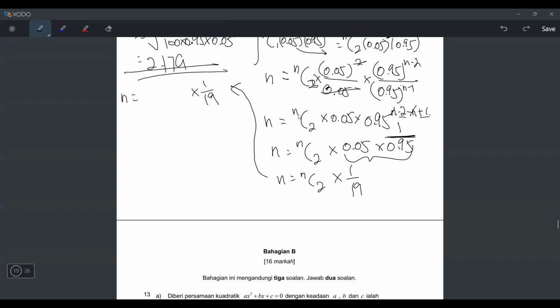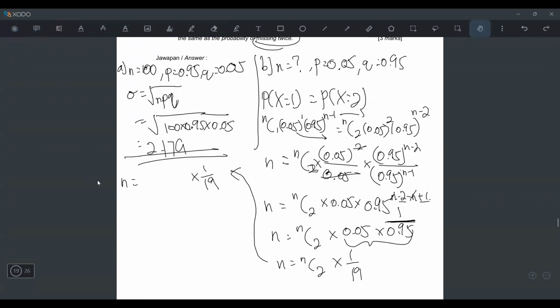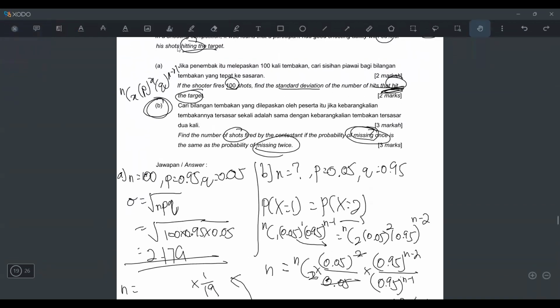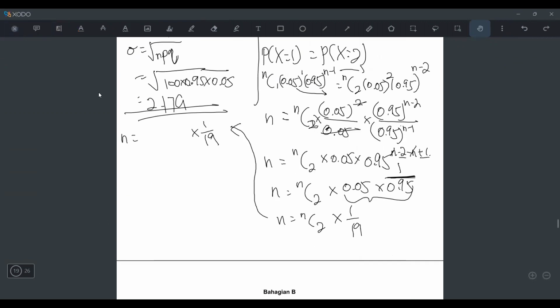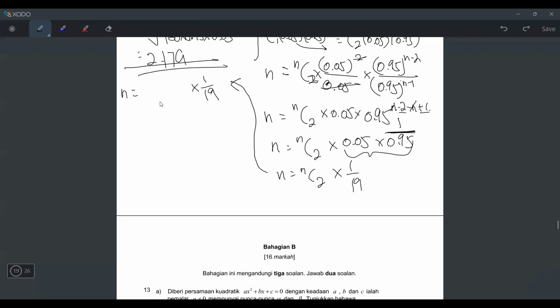And then the nc2, I think you can use this formula. Okay, let's write here. So the NCR formula is actually n factorial over r factorial bracket n minus r factorial. This formula is given in exam also. So NC2 is actually what? N factorial over 2 factorial, the r in this case is 2, and then n minus r, which is n minus 2 factorial, like this.